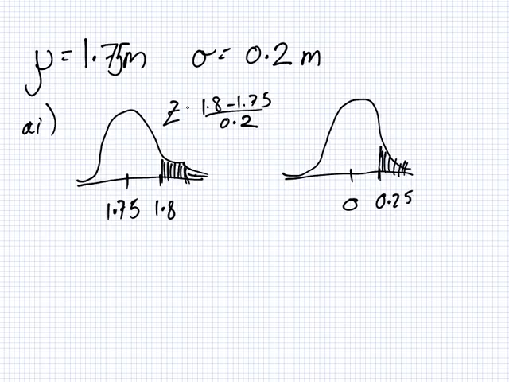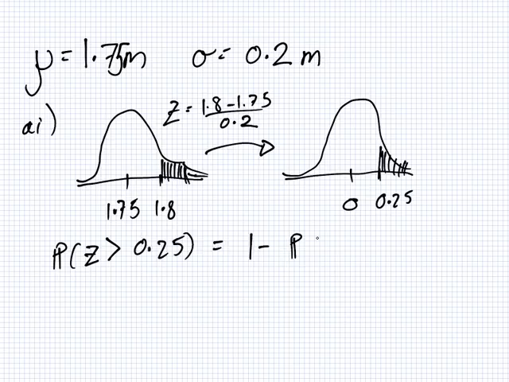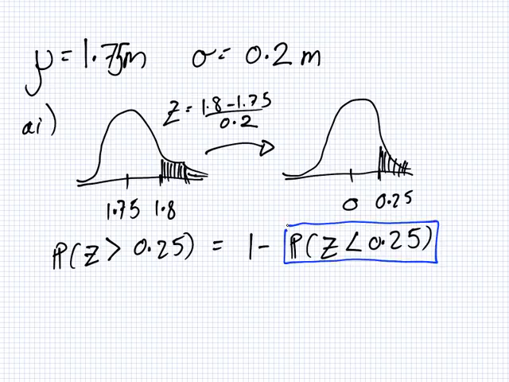Using my Z formula to transform it, we want the probability of Z more than 0.25, which is the same as 1 minus the probability that Z is less than 0.25. And this is great because this is what's in the formula book, probabilities to the left.